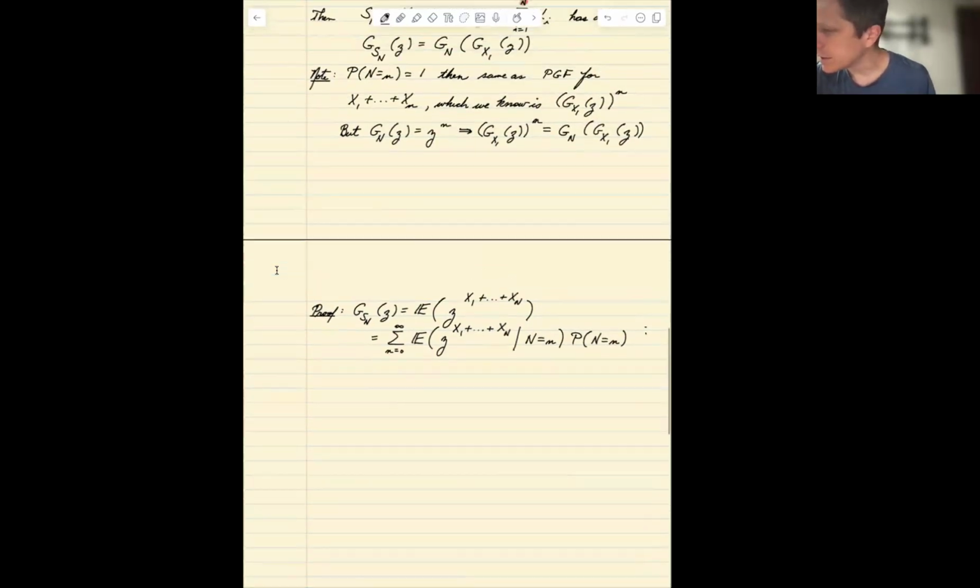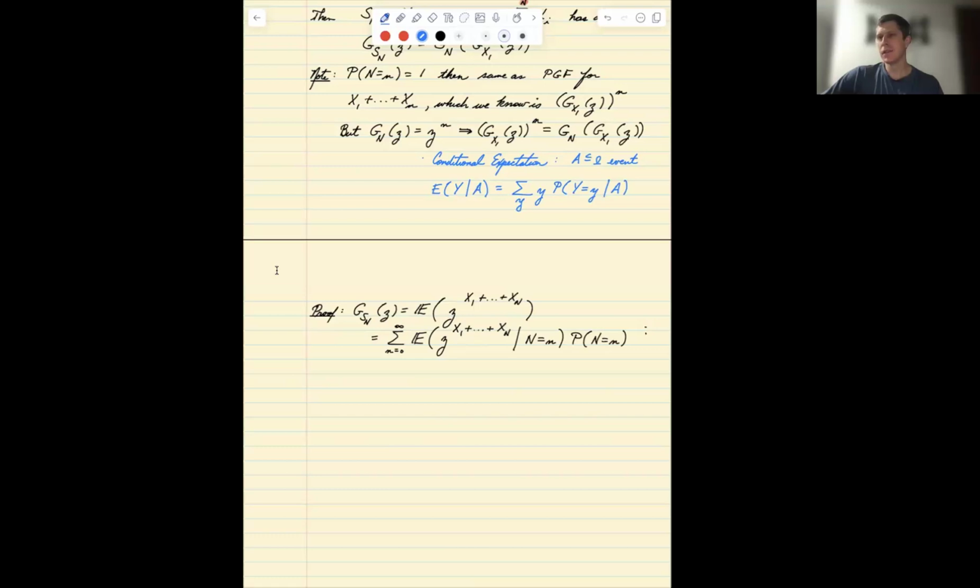So the conditional expectation, just as an aside, the conditional expectation of a random variable Y given some event A, so let A be an event, is just the usual sum over all possible values of Y of Y times the probability, but now it's the conditional probabilities.